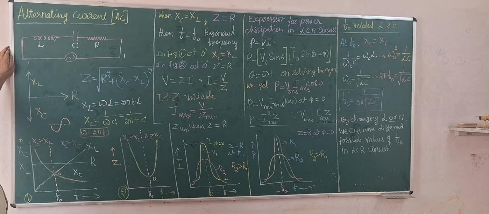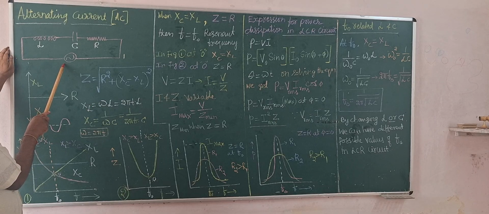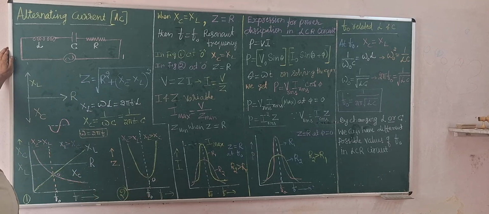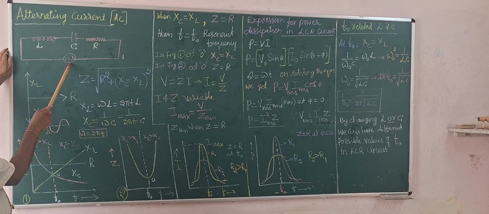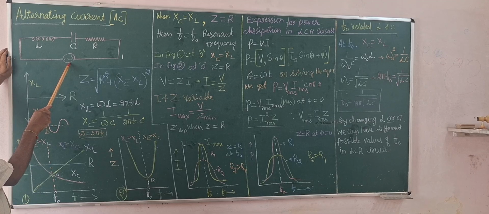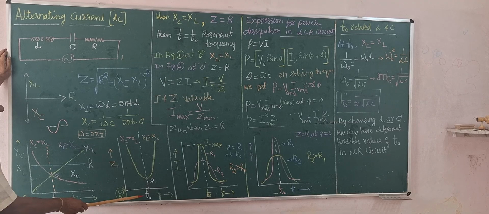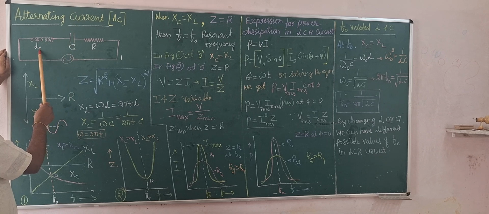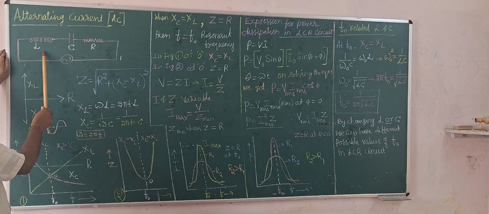No. An LCR circuit can have different possible values of F naught, because the F naught value depends on the value of L and the value of C.